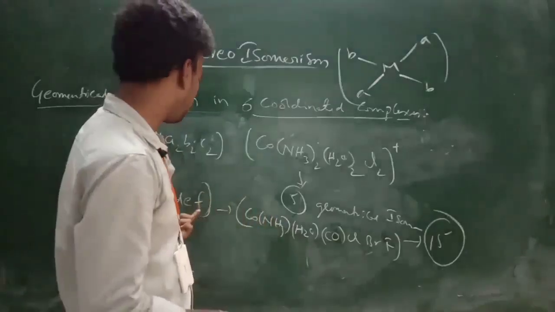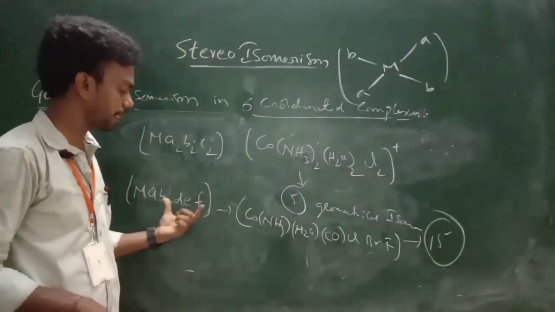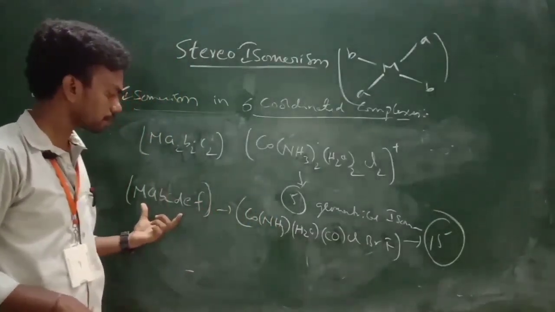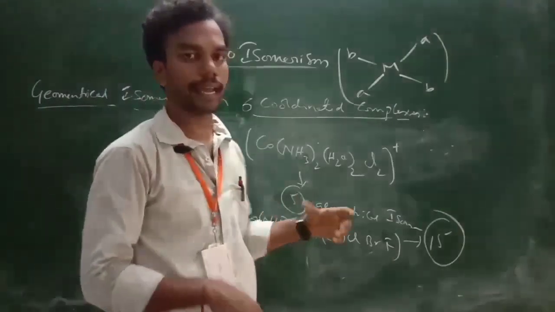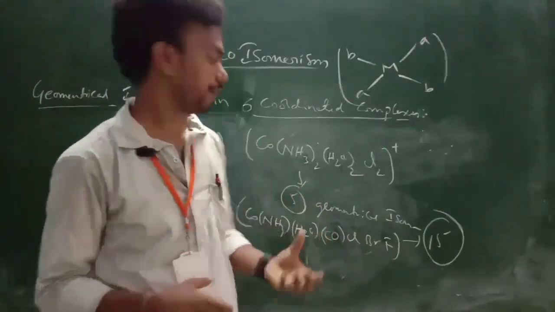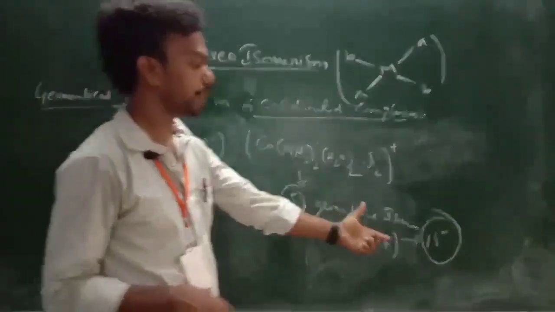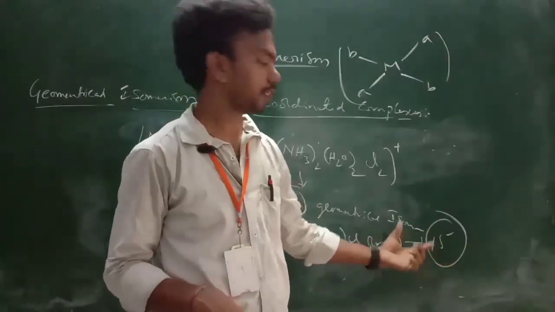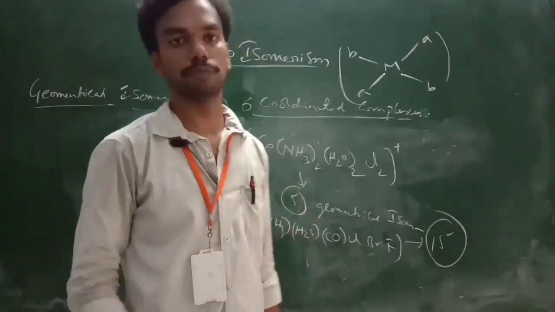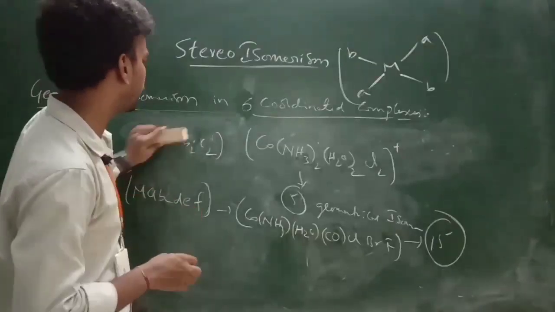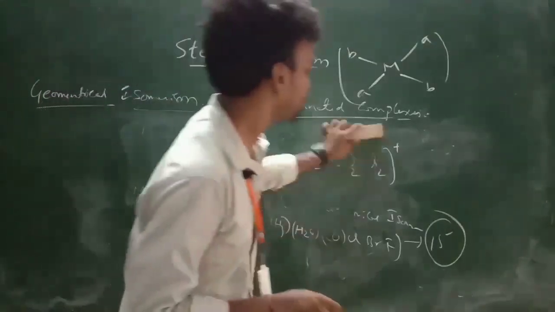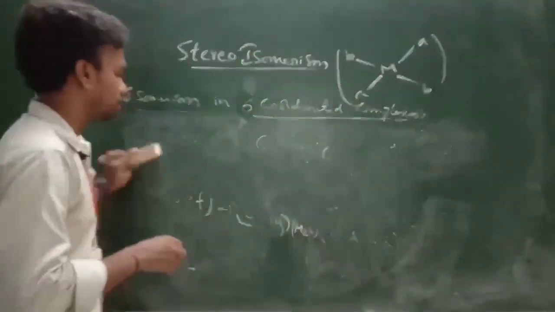So in this complex all six ligands are different, and all these six ligands are arranged around the central atom in 15 different ways. That means 15 spatial arrangements around the central atom, so here we are getting 15 geometrical isomers. Okay, so this is all about geometrical isomerism.